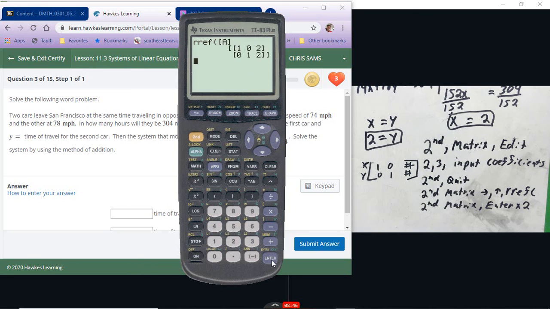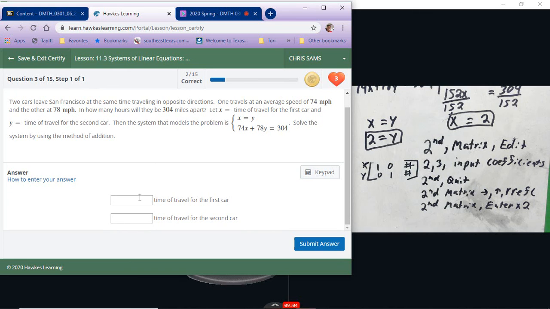All right, so hit enter again, and here's a little table. So x is 2, and y is 2. So they just kind of let you know that you've done it right. This is a good way to check. It is a lot of button pushing at first, but once you do it a few times, it won't be very bad. So one was 2, and the other one was 2.